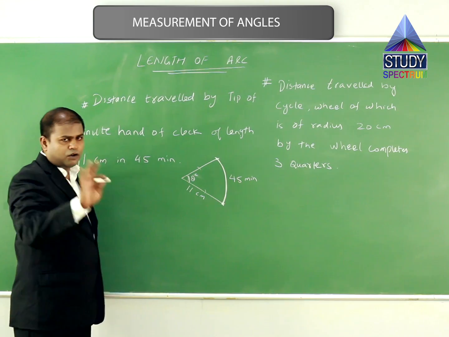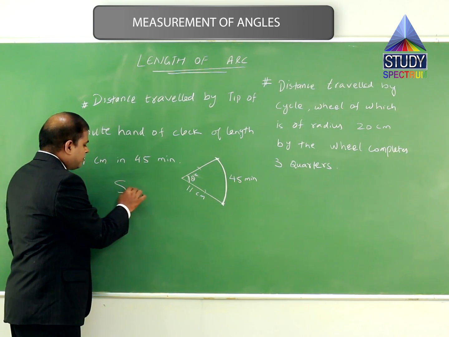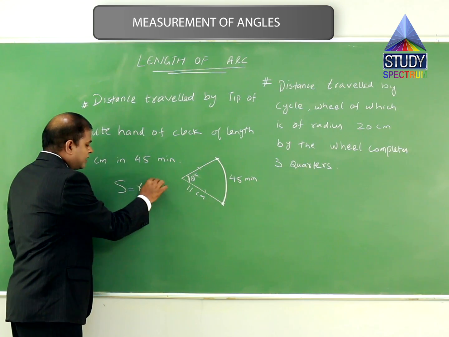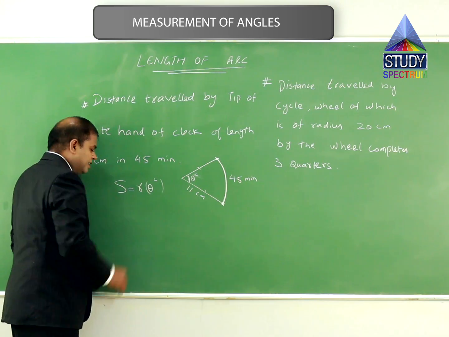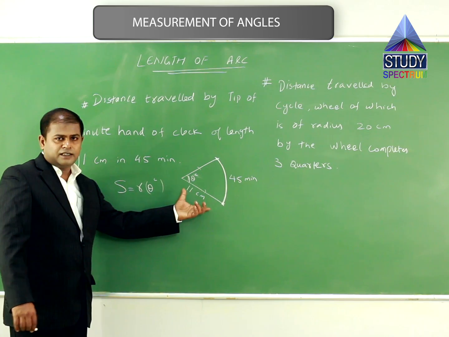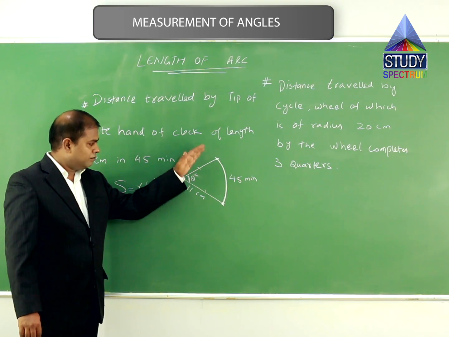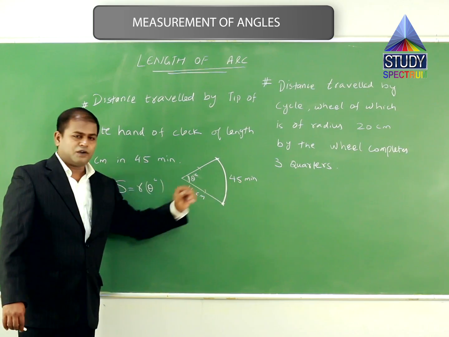Of course, this angle is not known till now. So the length of arc, we know, is given by the formula r into theta, where theta is measured in radians. Radius is the length of the minute hand, that is 11 centimeter. Theta, the angle traced by the minute hand in 45 minutes, is not known.